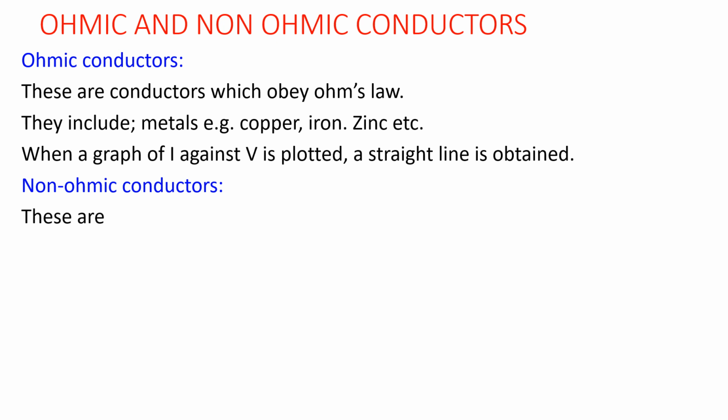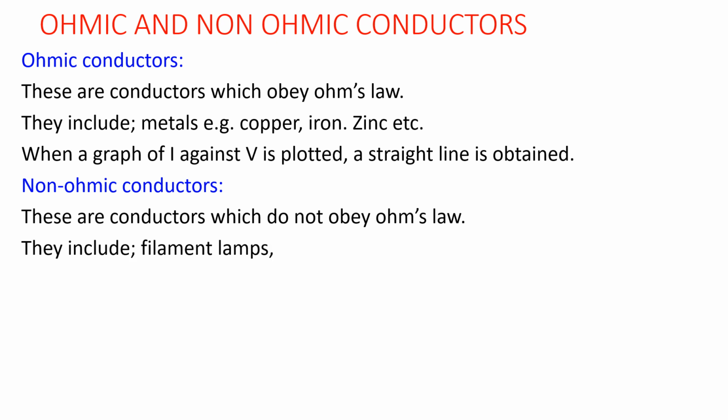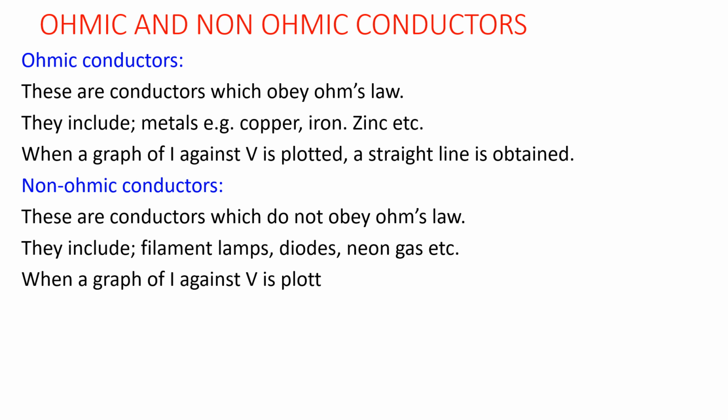Non-ohmic conductors, of course, are conductors which do not obey Ohm's law. They include filament lamps, diodes, neon gas. They have different curves. They do not respond with that direct proportionality. When a graph of I against V is plotted, a non-straight line is obtained, meaning their response to voltage does not give a direct increase in current.